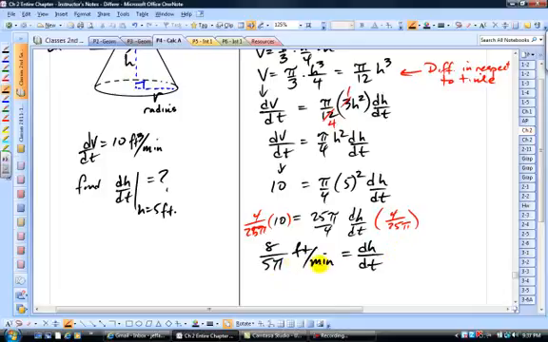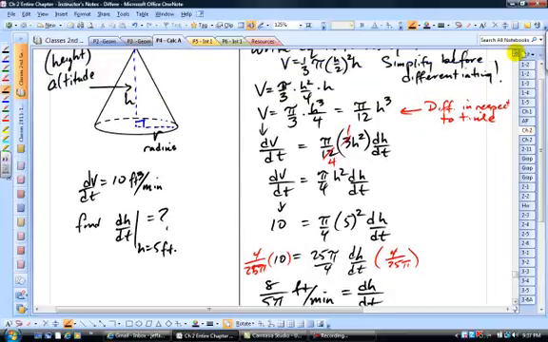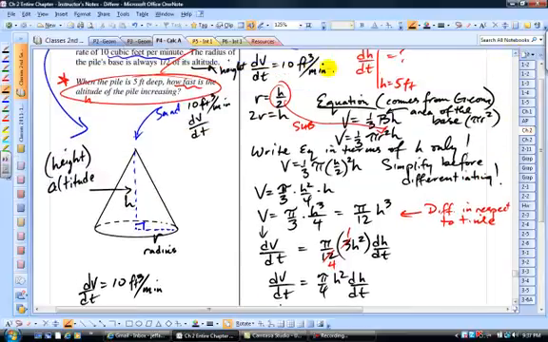And that's a positive value, so it's an increasing rate, because it is positive. That's how fast the height is changing as the sand is coming in at 10 cubic feet per minute and when the height is exactly 5 feet above its base.